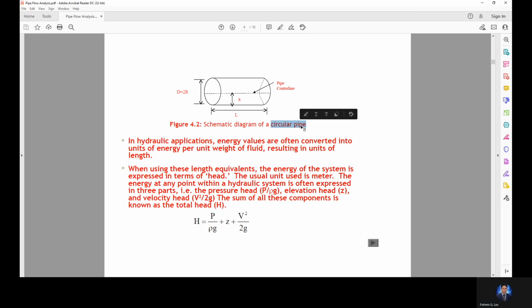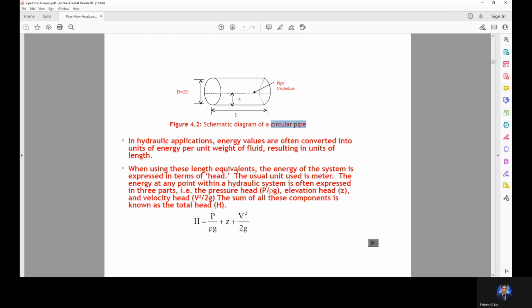So in hydraulic applications, every value is often converted into units of energy per unit weight of fluid. As we discussed already, the different types of energies were converted into what we call head, or energy head. So we have the pressure head, the elevation head, and the velocity head.